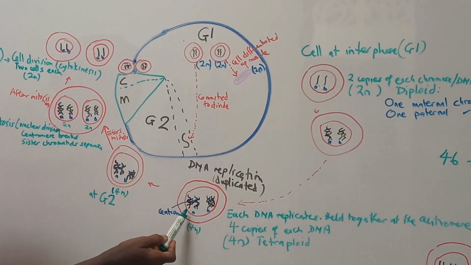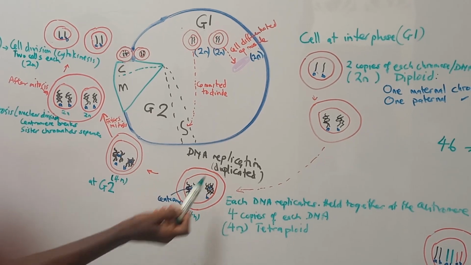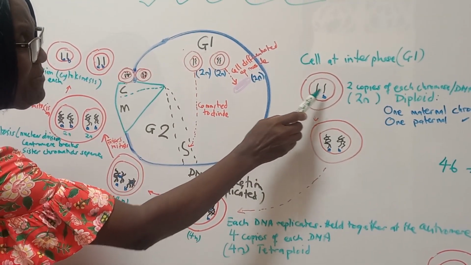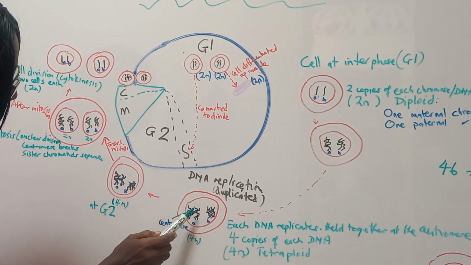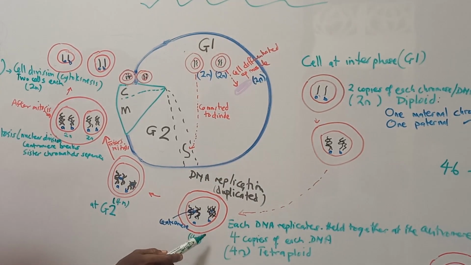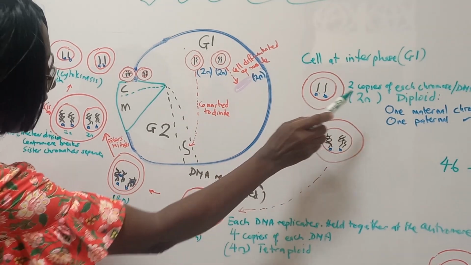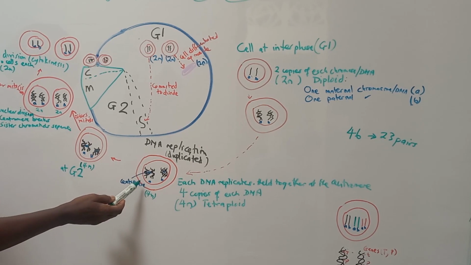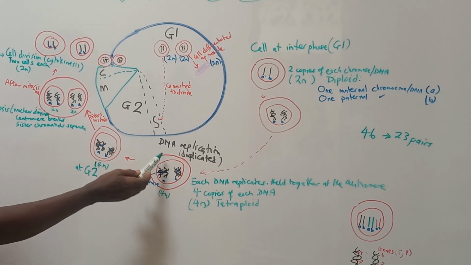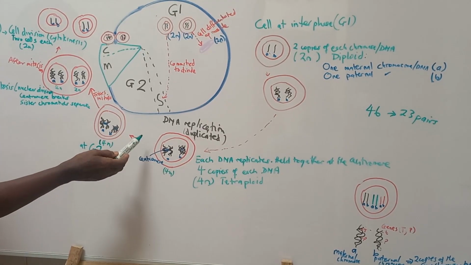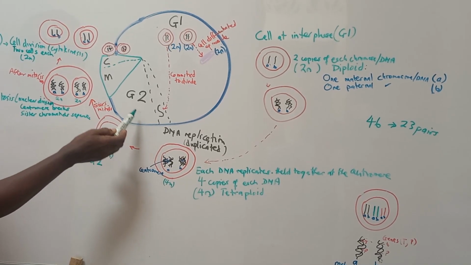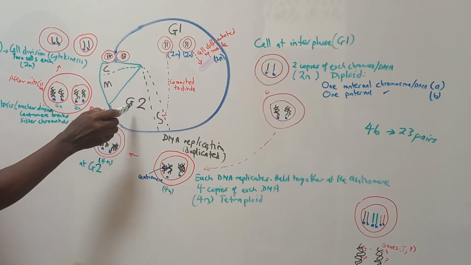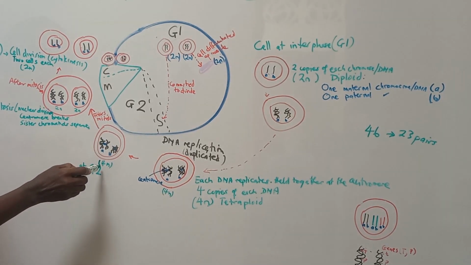You see? 4 copies of each chromosome, because the 2 chromosomes are actually one type of DNA, because it carries similar genes. So by the time it replicates, it's no more a diploid 2N, it's a tetraploid 4N. So that is what is happening after the S phase. By the time the cell enters into the G2 phase, the cell is a tetraploid.